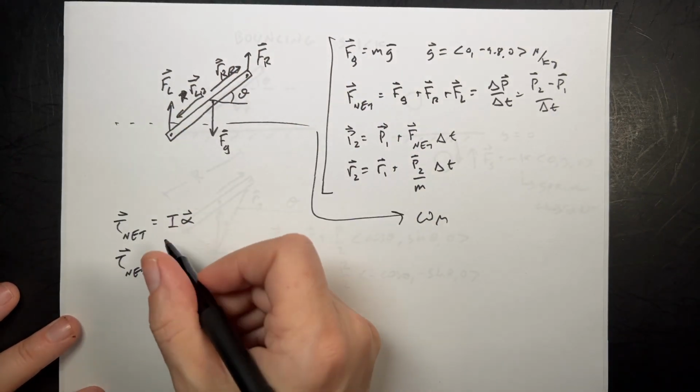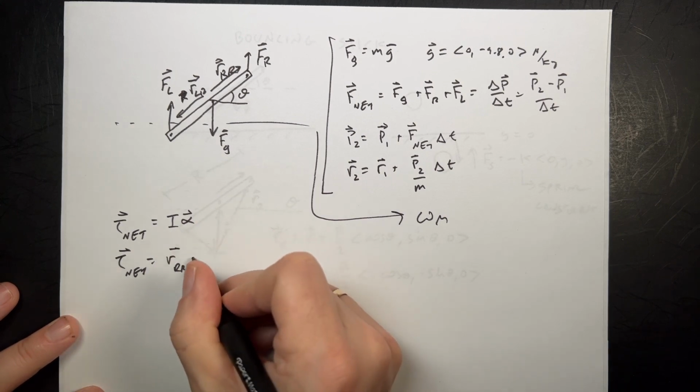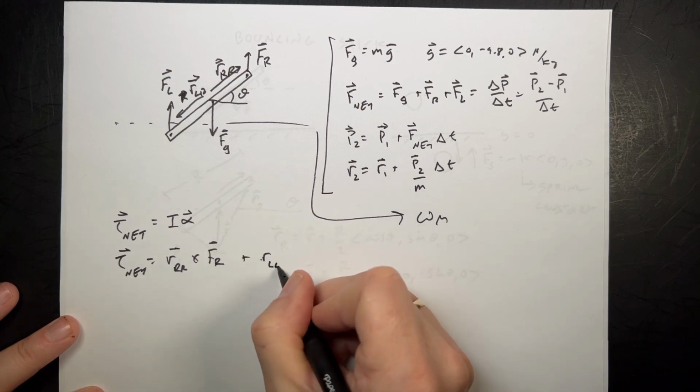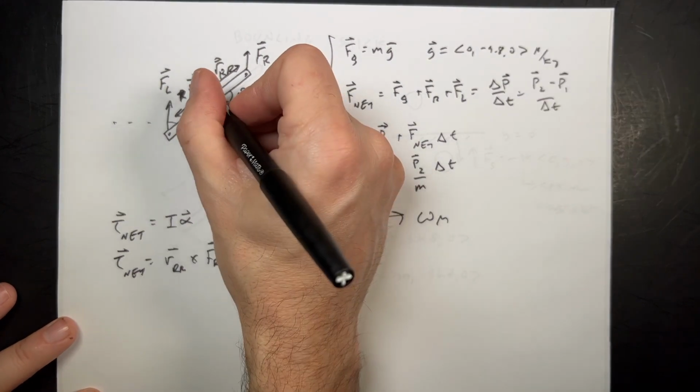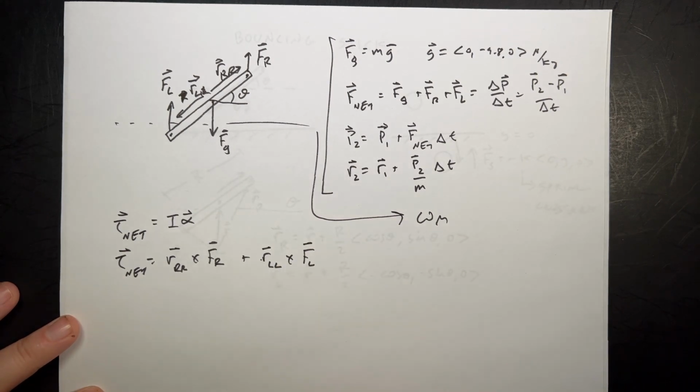Then this is going to be equal to the cross product R_R cross F_R plus R_L cross F_L. That's the net torque.